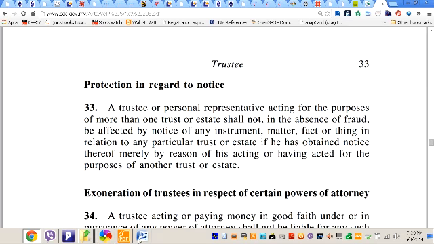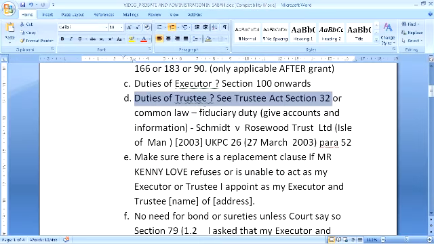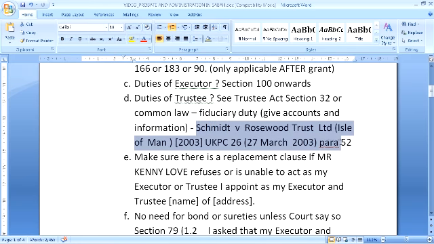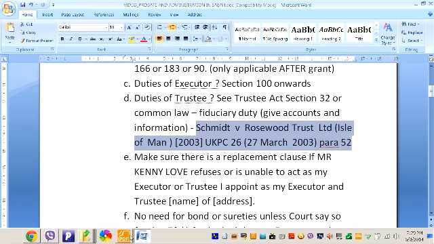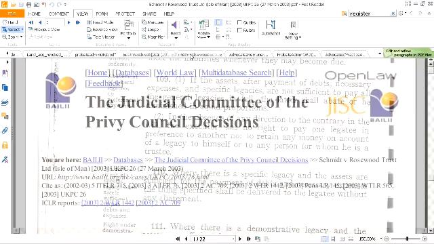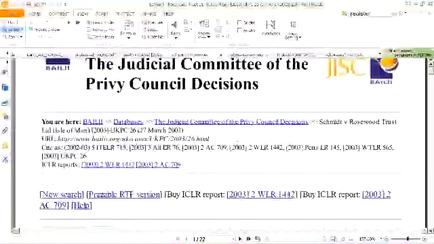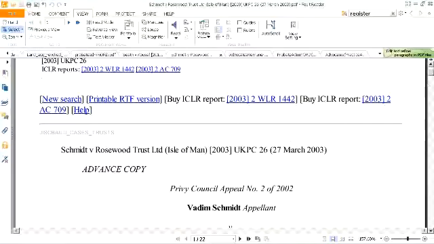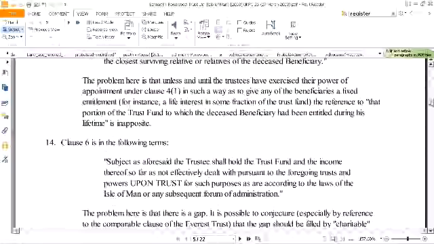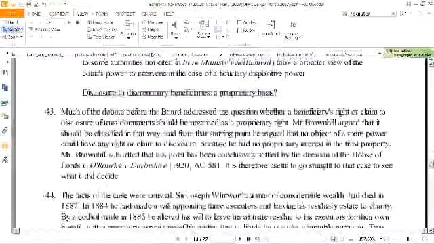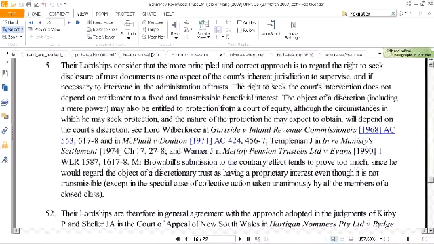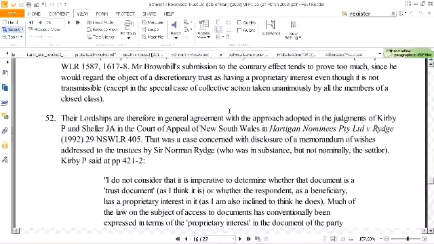Okay, let's go on. You also have a fiduciary duty to give accounts and information, and that is provided in another case law, Smith and Rosewood. In this case law, what it says is the importance of this duty.